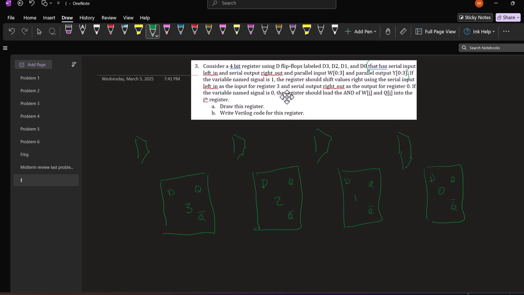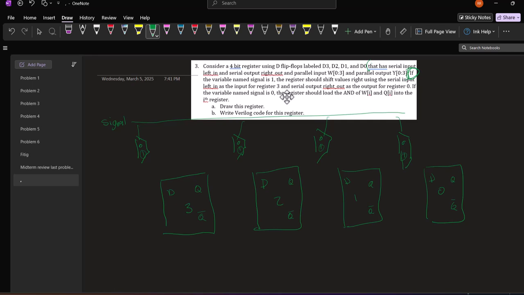Okay, so here are my multiplexers, and the reason I know I'm going to need a multiplexer is I see this word if right here. If the variable named signal is 1, so I've got a variable called signal, that's going to be my input into my multiplexers. And if it is 1, that means we're going to be putting things into the 1 input right here.